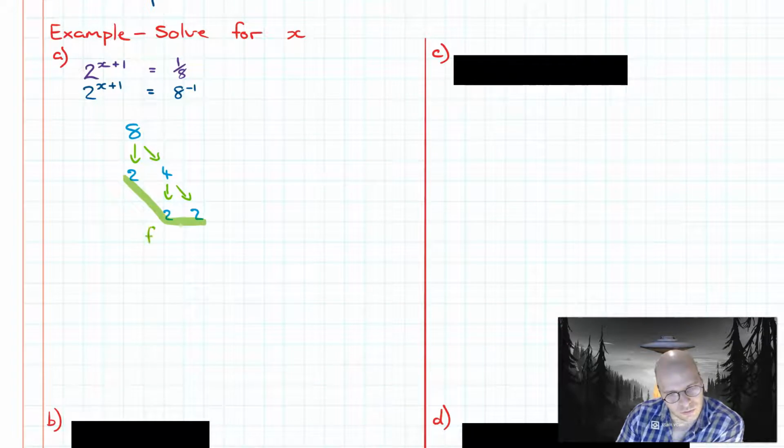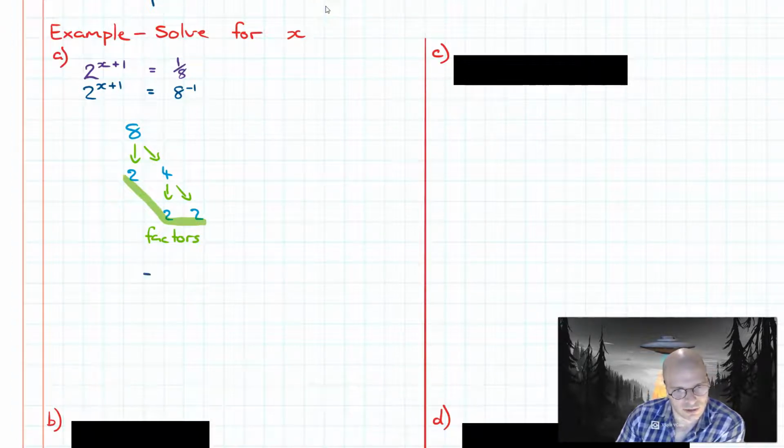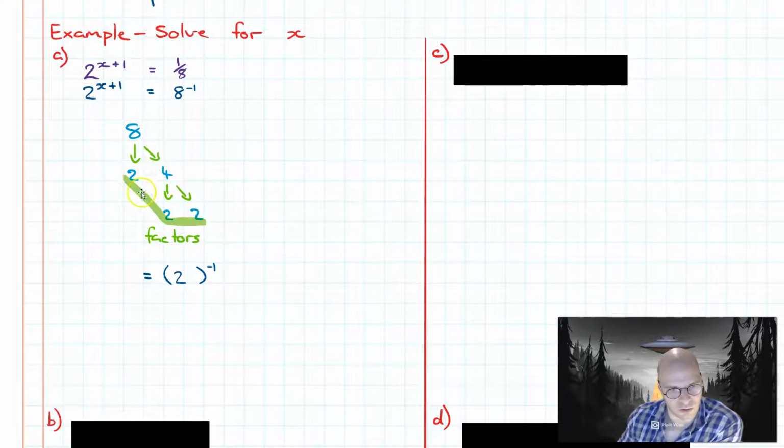So we've got factors on the left hand side of our factor tree here, and therefore what we can see is that on the right hand side we're going to get 2 to the power of 1, 2, 3, all raised to the power of -1. And then on the left hand side we've got 2 to the power of x plus 1.